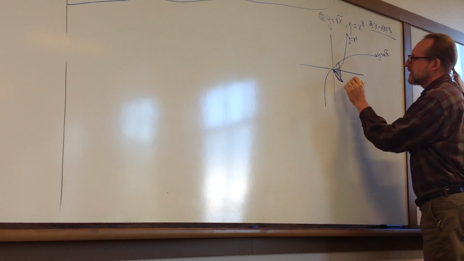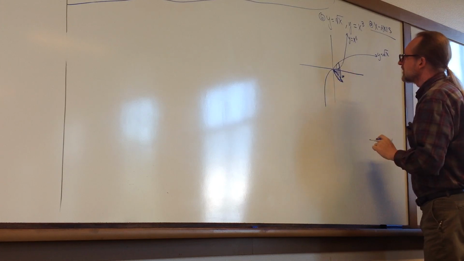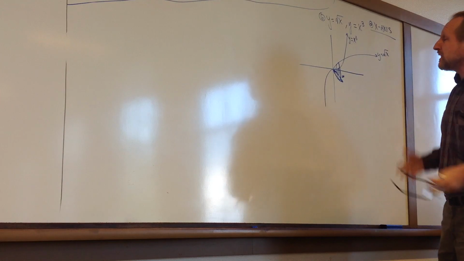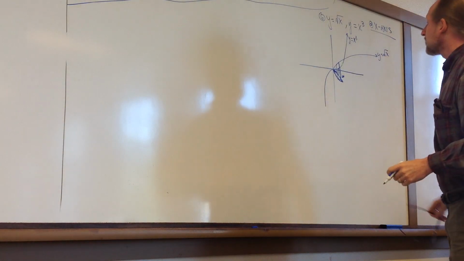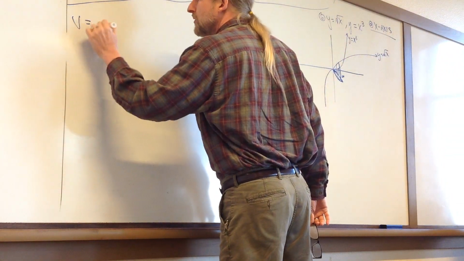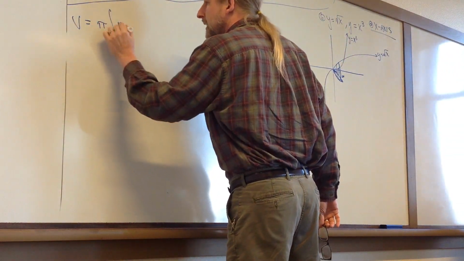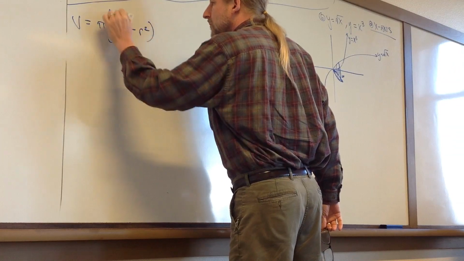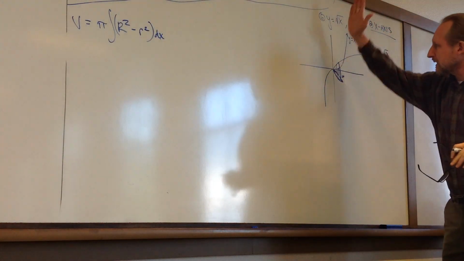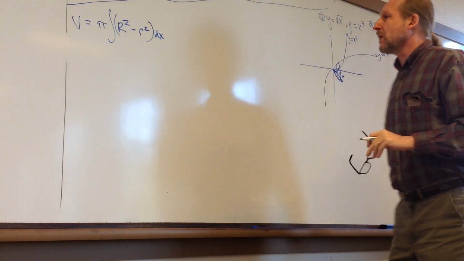Those thicknesses are delta x's because we're rotating around the x-axis and we're going to be integrating with respect to x. So for this washer problem, remember that our volume is going to be pi times the integral of big R squared minus little r squared, and then dx if we're going around the x-axis, and dy if we're going around the y-axis.